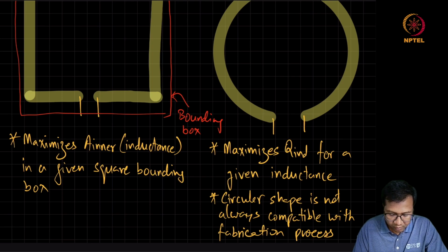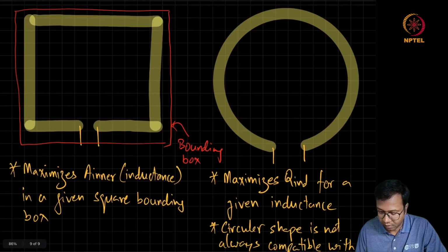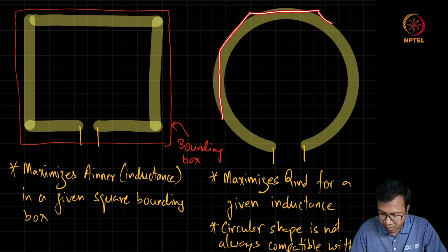So what we do is, instead of drawing a circular shape for the inductor, we try to approximate it with an octagon where we have these 135-degree angles. These angles are still possible to fabricate.